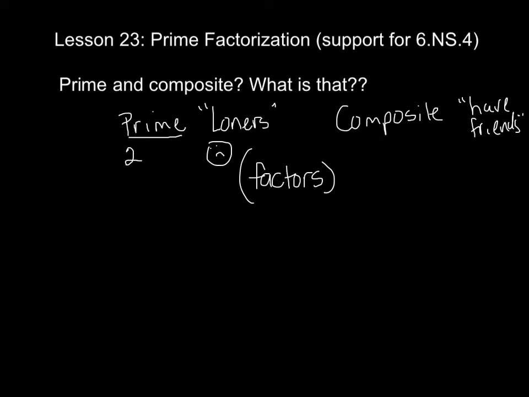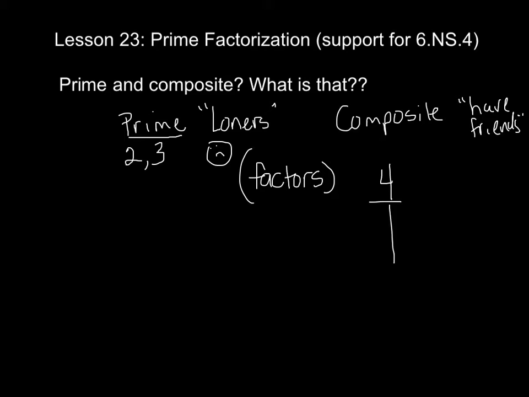Let's look at the number 3. The only way I can get 3 is by multiplying 1 times 3. No other way to do it, so he would be a prime number because 1 times 3 is the only way to create him in multiplication. Let's look at a 4.